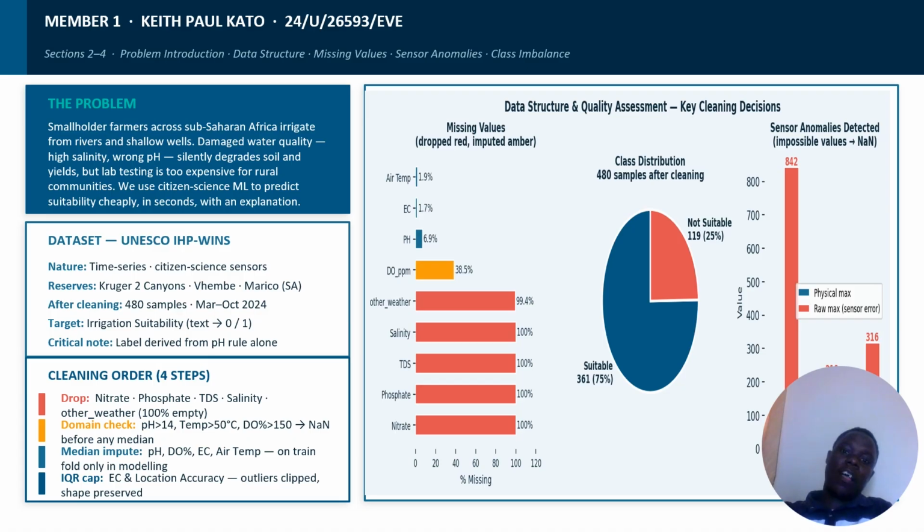We also had some sensor anomalies detected, and then we dropped the nitrate, phosphates, and salinity. And we also did our domain check where the pH was greater than 14, temperature greater than 50, dissolved oxygen, we dropped all these and set them to null before applying any median imputation.